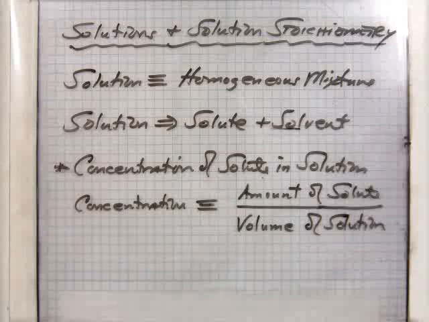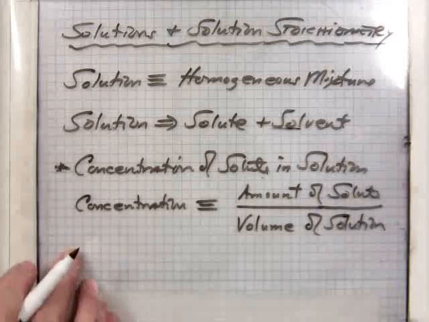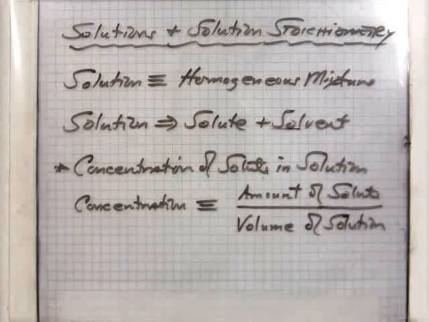Okay, so this should be pretty obvious to you in terms of this definition. Now, there are many solution concentration terms. We're not going to mess with all of them. What we need is molarity. So expressing solution concentrations in terms of molarity is our focus.